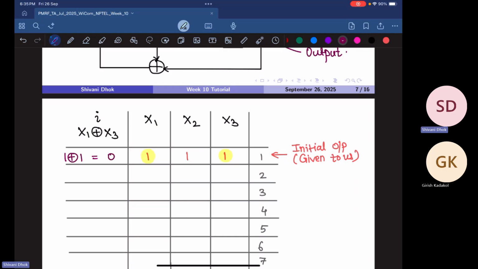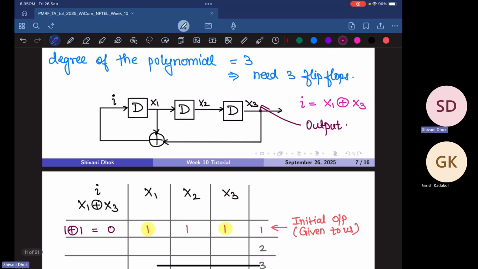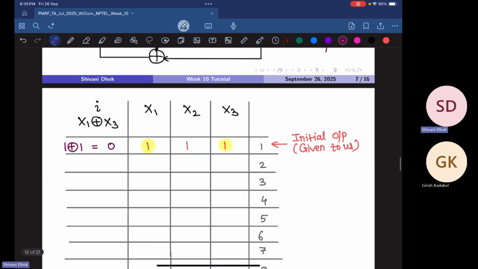Now in the next clock instant, what will happen? At the current time instant, this I is input to this D flip-flop, so in the next time instant it becomes the output of this D flip-flop. So this I will now become my x1. This 0 will become the output of my first D flip-flop, so we get a 0 here.